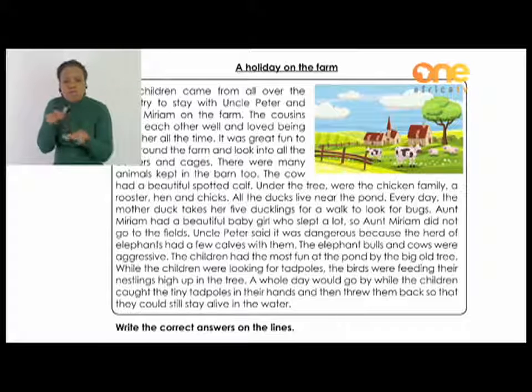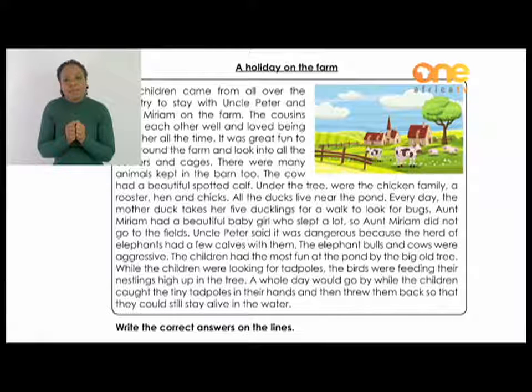Aunt Miriam had a beautiful baby girl who slept a lot. So Aunt Miriam did not go to the fields. Uncle Peter said it was dangerous because the herd of elephants had a few cows with them. The elephant bulls and cows were aggressive.